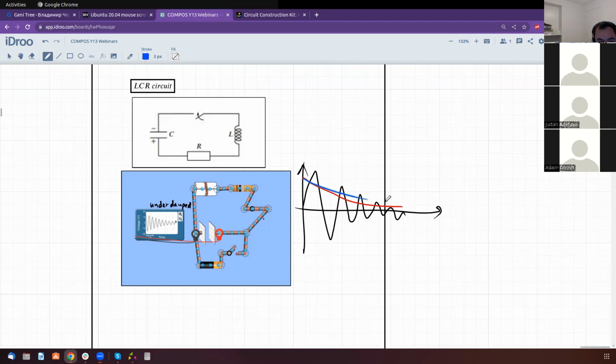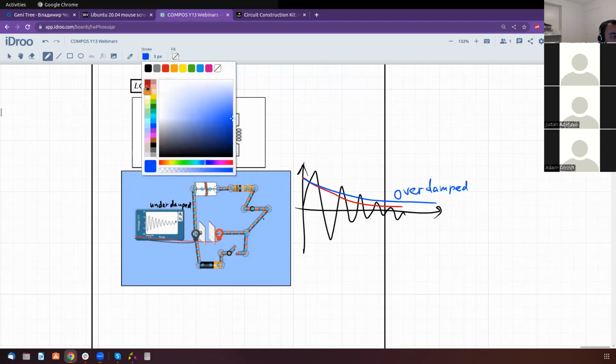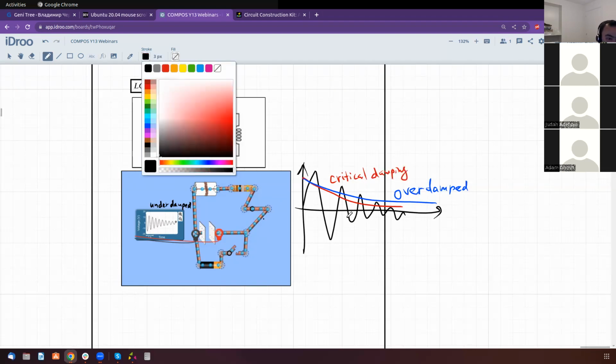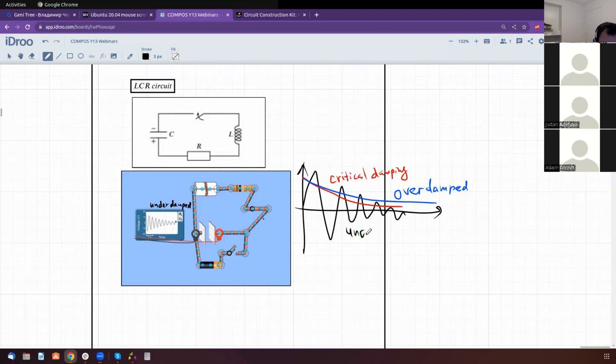Overdamped is like this. The red is critical damping, and the black one is underdamped.